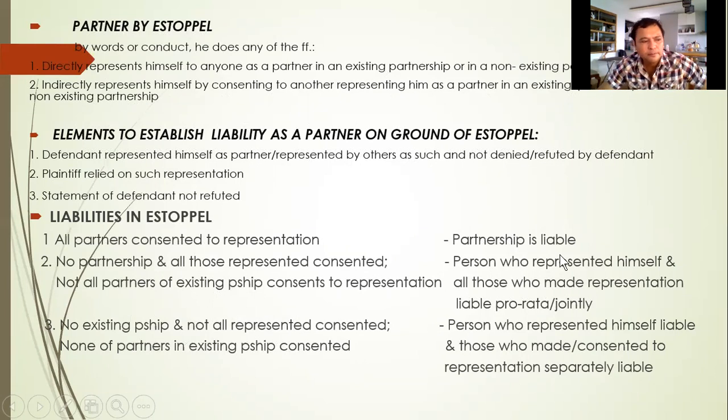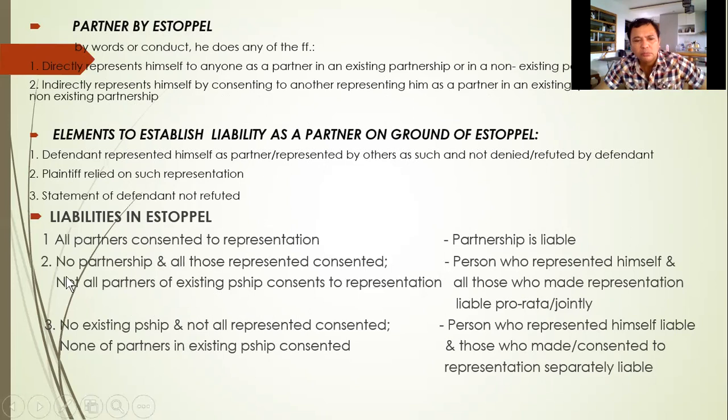No? This happens when a person goes to the bank and he is not a partner, falsely represents himself as one of the partners of, let's say, partnership A and B. Then the partners of A and B consented to his representation, which is false. Then the partnership will be liable.